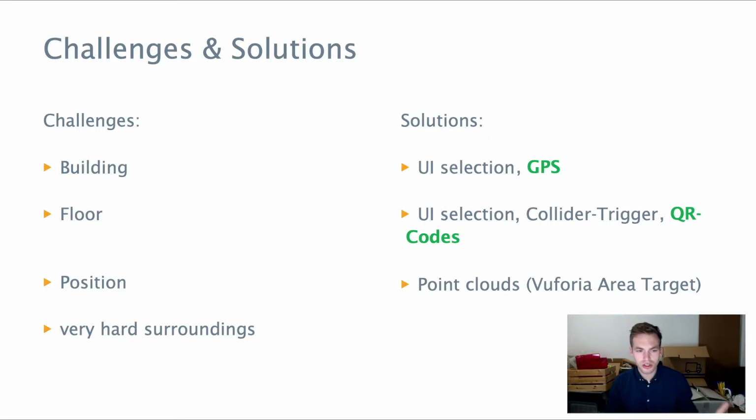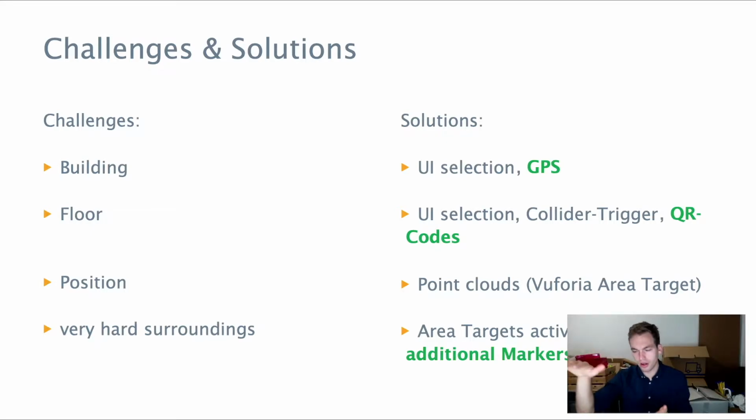Then the position in an area target is of course handled by Vuforia within this point cloud. With very hard surroundings, we didn't have time to do this. For example, if you have multiple floors, often between the floors, areas are very similar, for example corridors.